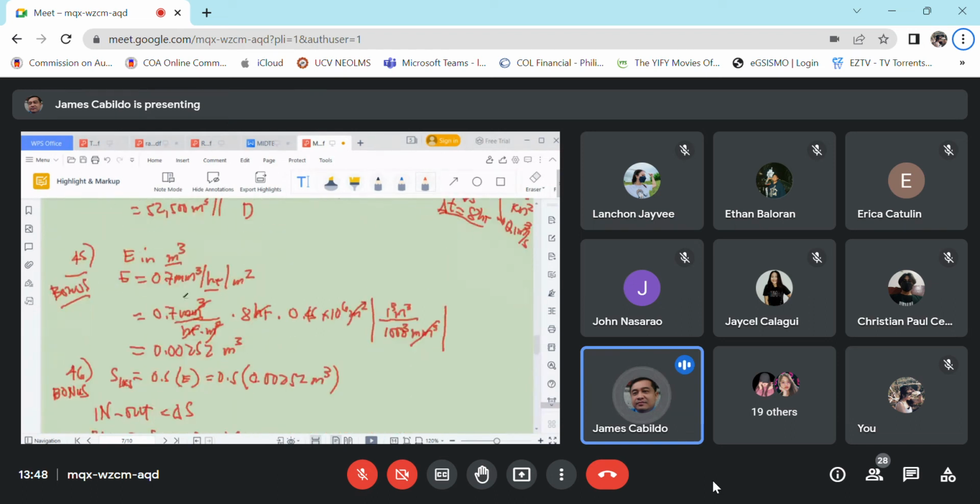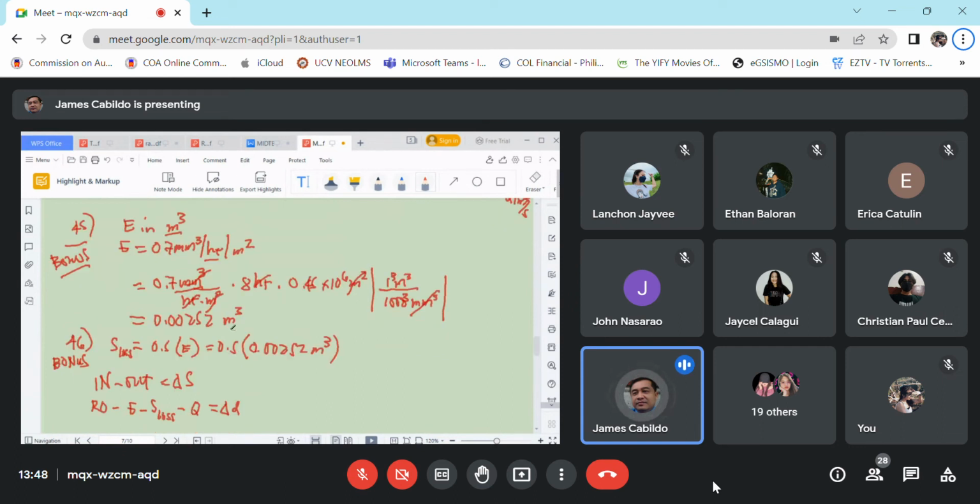Yung evaporation naman na nakuha natin doon sa pool, sa reservoir, ang nakuha natin in terms of cubic meters, i-divide natin yung surface area ng storage ng reservoir. At saka itong seepage, in terms of cubic meters naman ito. So gawin natin, i-divide natin yung area ng reservoir.